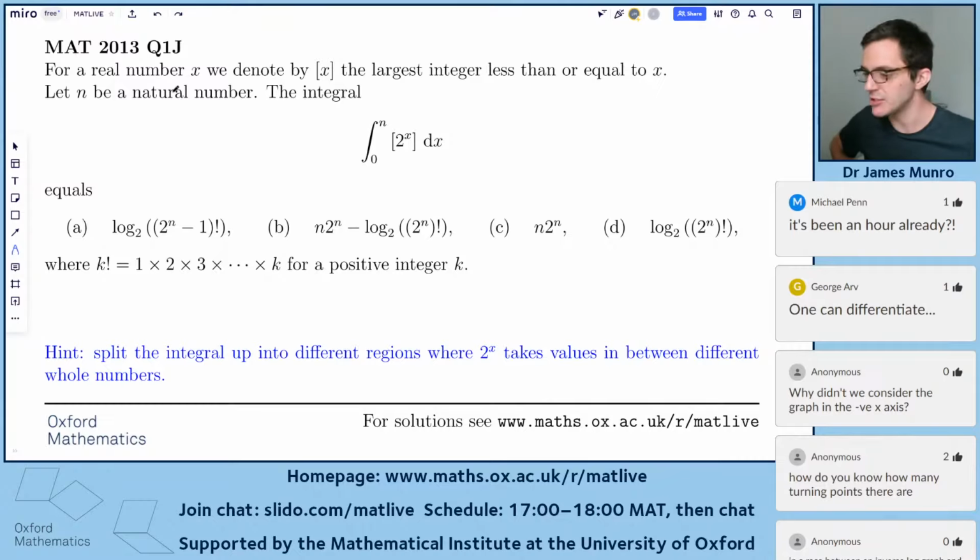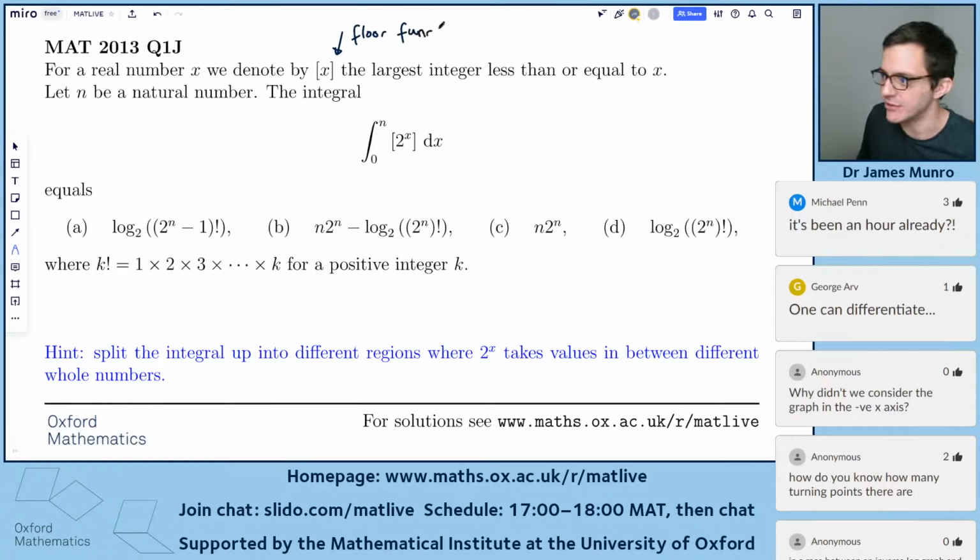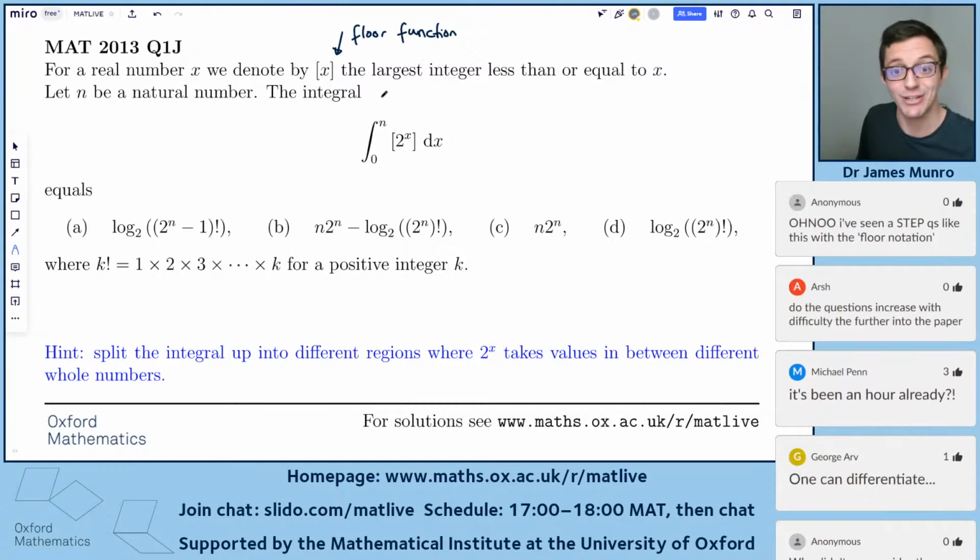Right, cool, good. Okay, this question's tough. I think even if we don't finish doing it, we can think about what's going on. So, the question defines the floor function. It doesn't call it the floor function because you don't need to know that, but it's called the floor function.